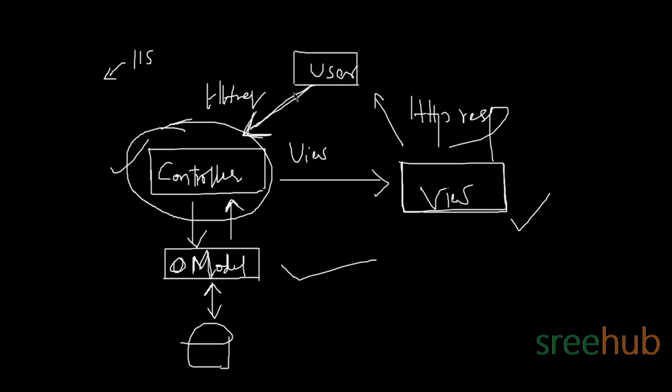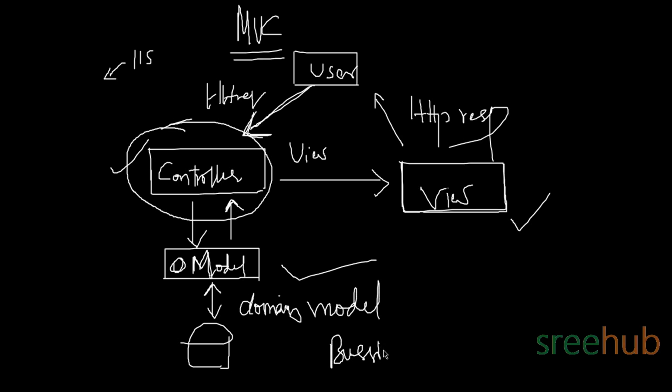Take any complex MVC application, this pattern will never change. It will go to the controller, it will go to the view, and it will go to the model whenever it needs one. Sometimes we also call it a domain model, where all the business logic will be written.